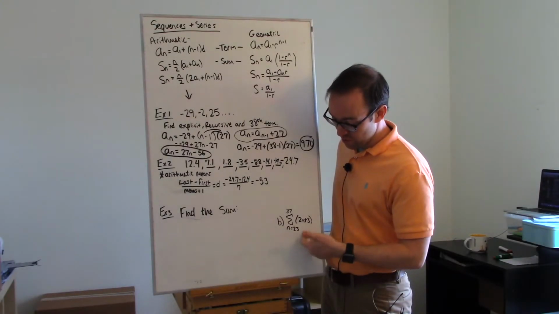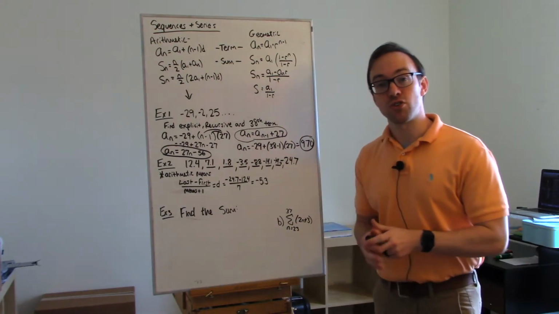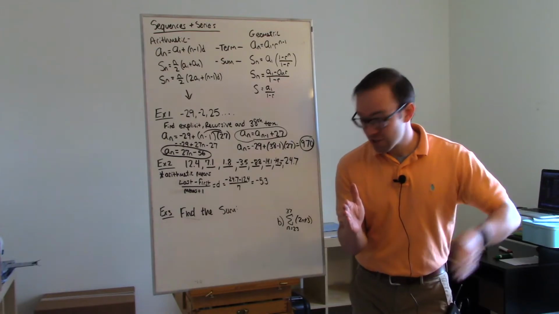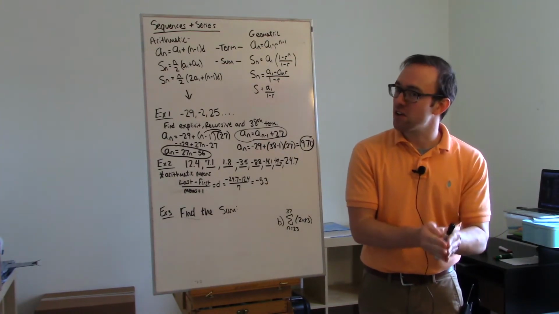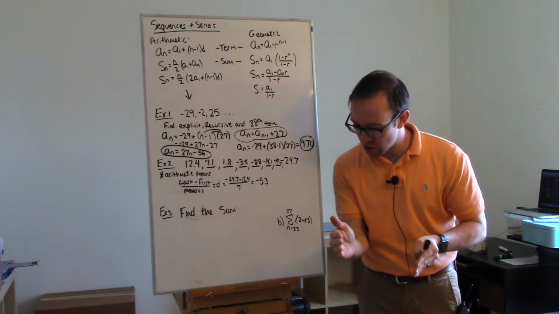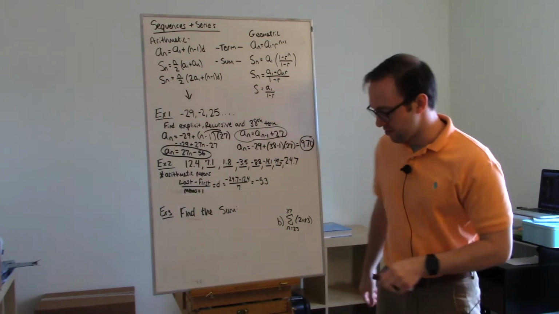The first term that we're adding together is actually the 23rd term of the sequence. So you're going from the 23rd term to the 37th term, and you're adding them all together to find that sum.